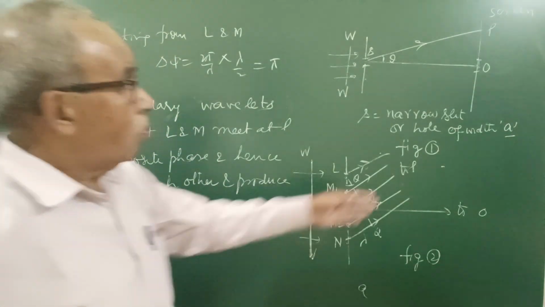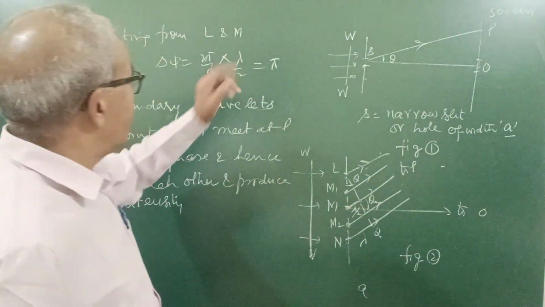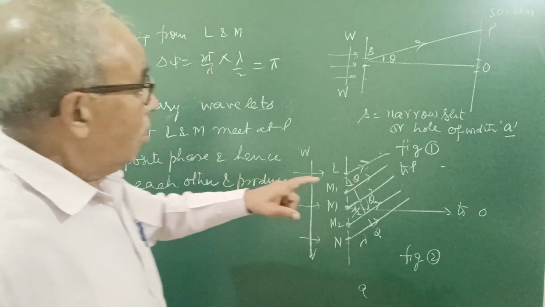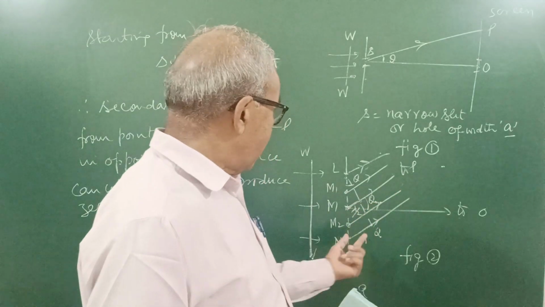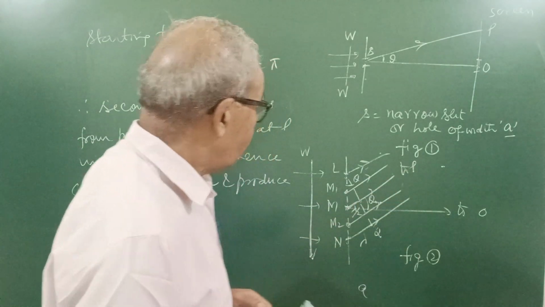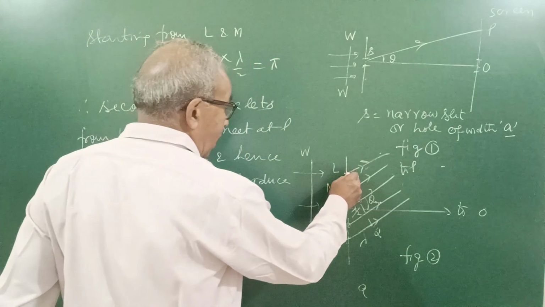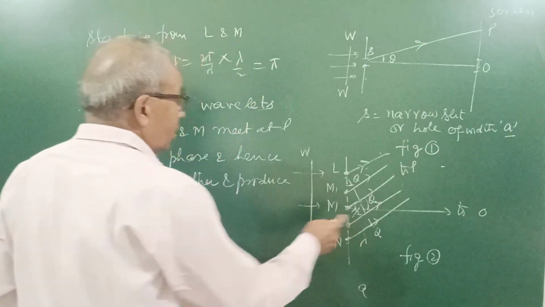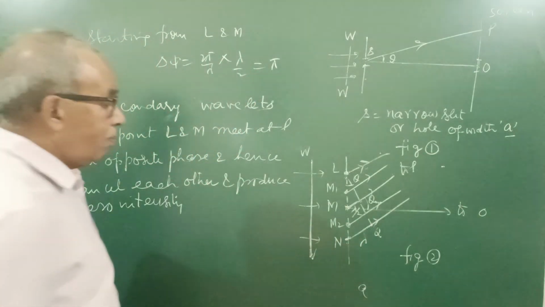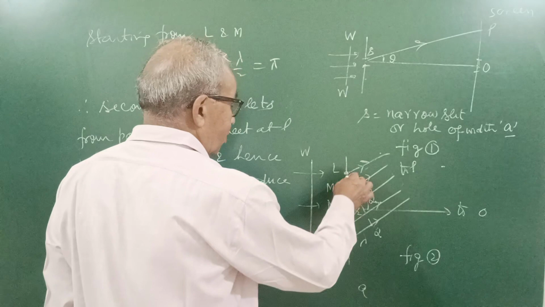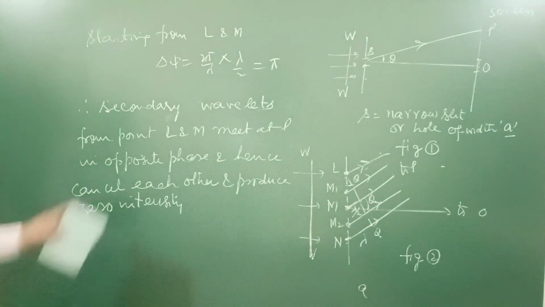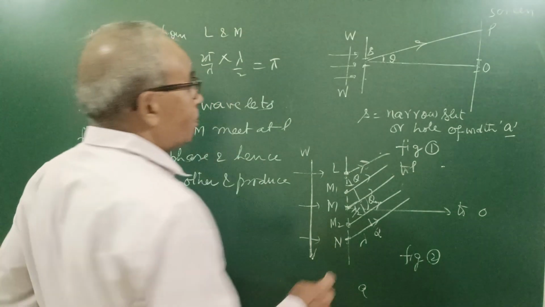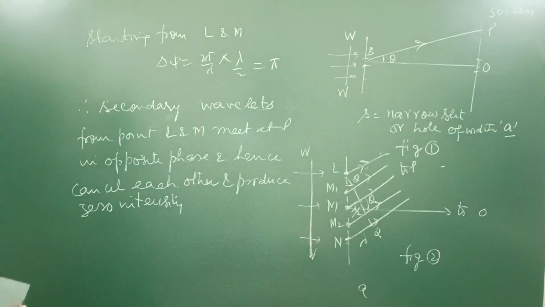But if we go from O to P, there is a path difference delta X. If point P is such that the path difference NQ between secondary wavelets starting from L and N is lambda, then the path difference between secondary wavelets from L and M will be lambda by 2, and hence they meet in opposite phase at P and produce zero intensity.